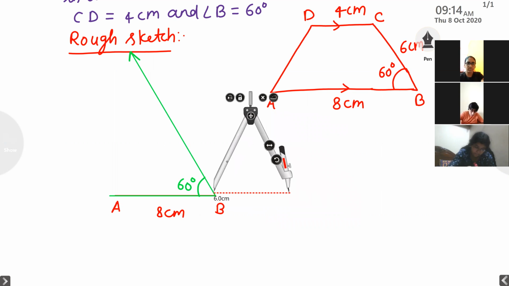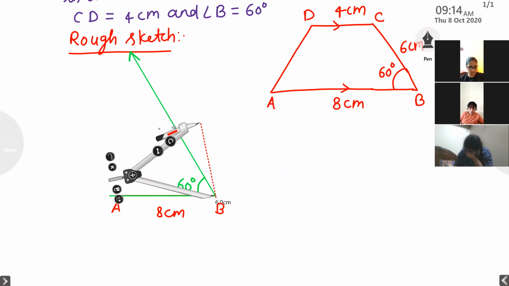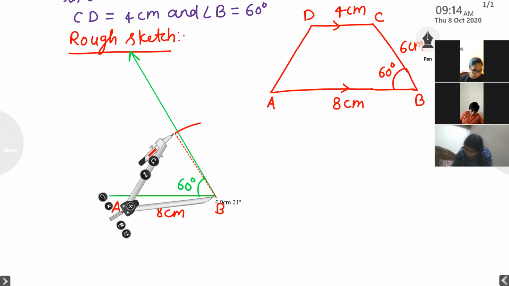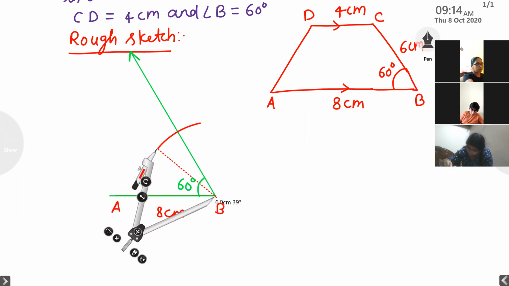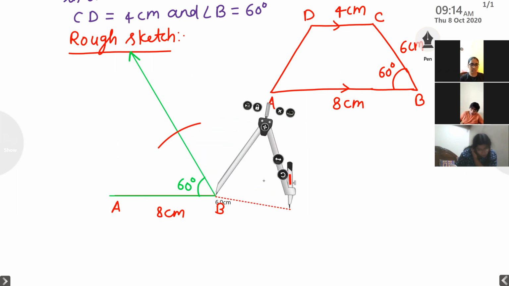I want to keep my metal point at point B and draw an arc of radius 6 centimeter. This point name is C point.